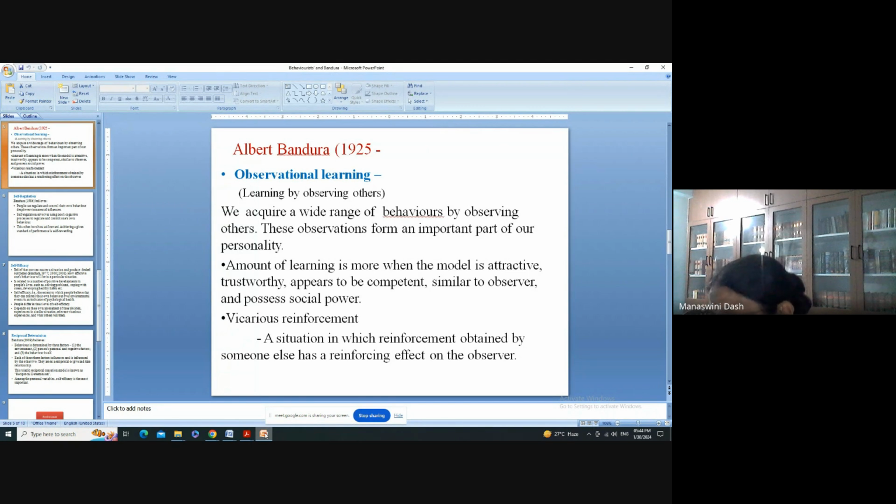Bandura believes that observational learning is a key aspect of how we learn. Through observational learning, according to Bandura, we form ideas about the behavior of others and then possibly adopt this behavior ourselves.